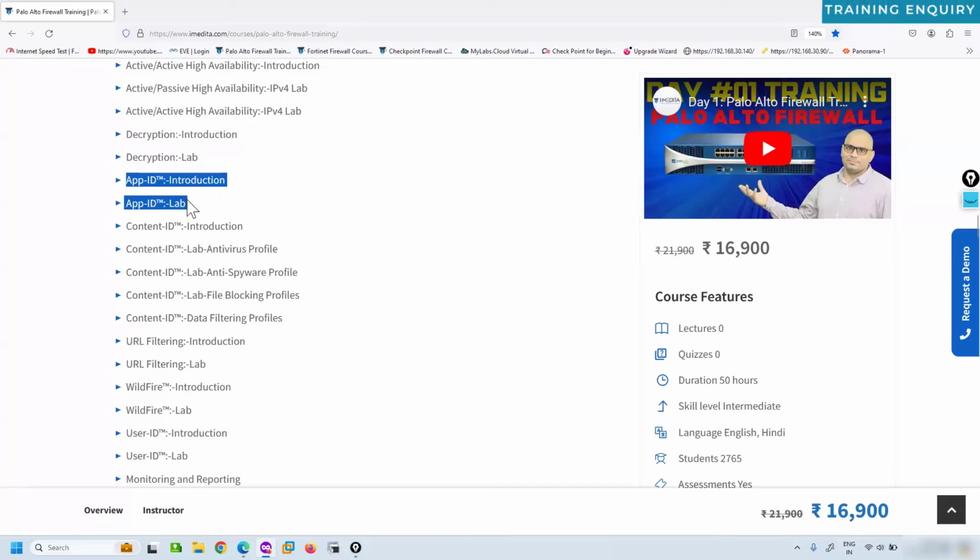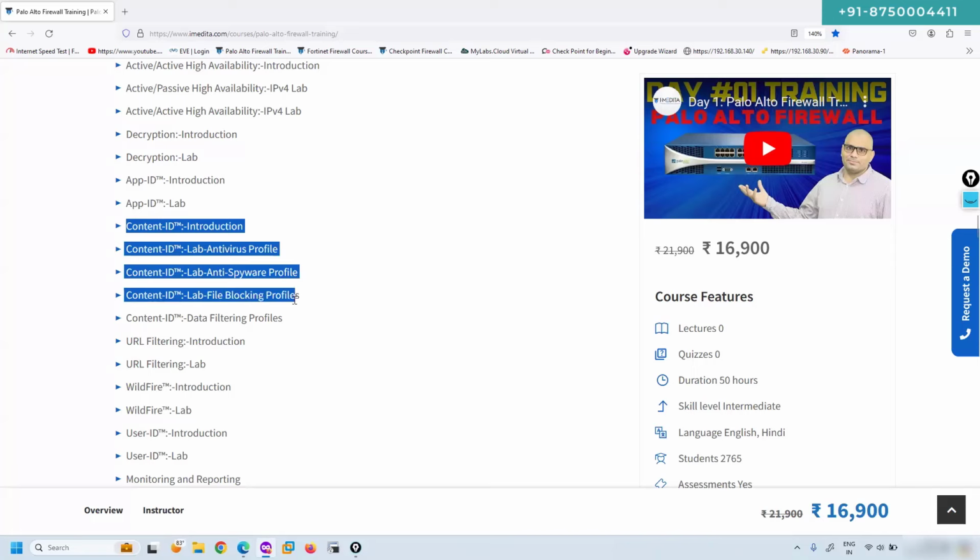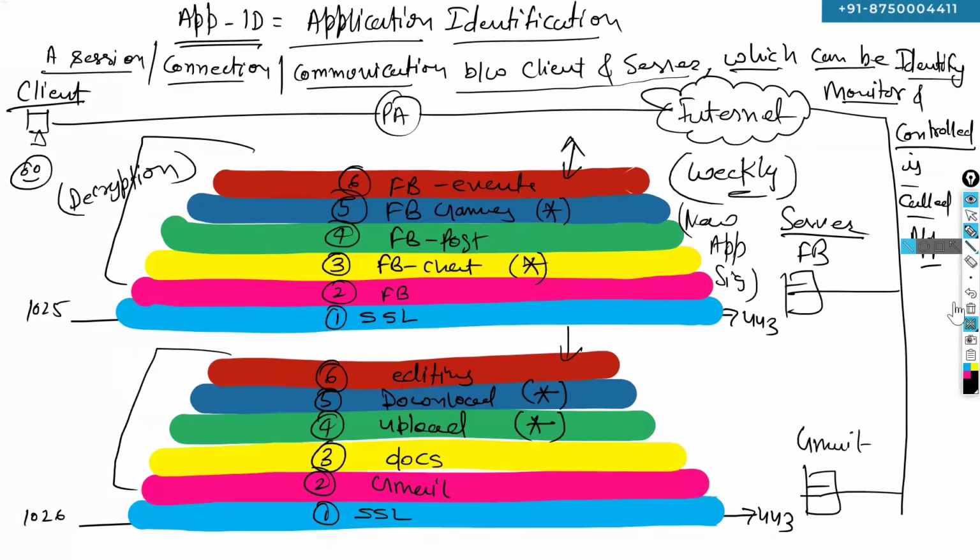But till now, we have not discussed how we can control it if the data contains a virus or spyware. To control that, we have another feature which is called content ID. Let's again understand with the help of a diagram. Now we are discussing content ID, or you can call it content identification.